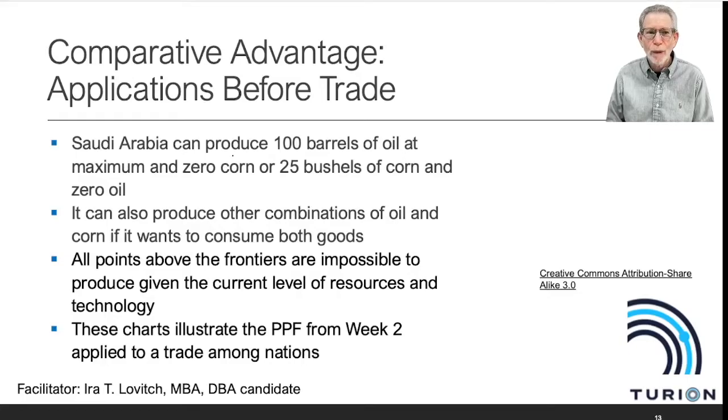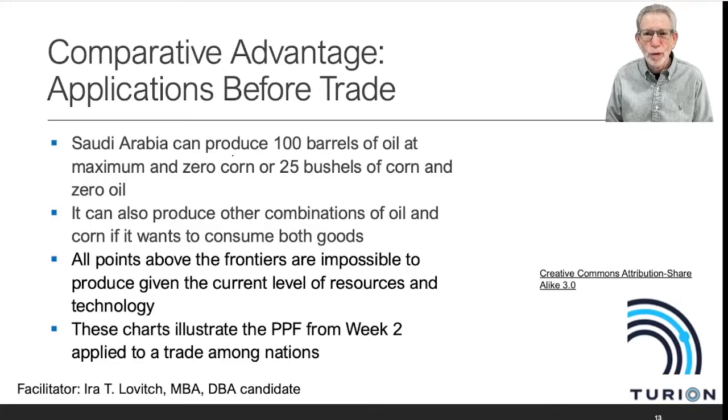So here's Saudi Arabia. We have this example where they can produce 100 barrels of oil at maximum and 0 corn, or 25 bushels of corn. A bushel is a measurement, like a barrel of oil. A bushel is a measurement for an amount of agricultural produce. 25 bushels of corn and 0 oil, similar to education and healthcare in our prior example.